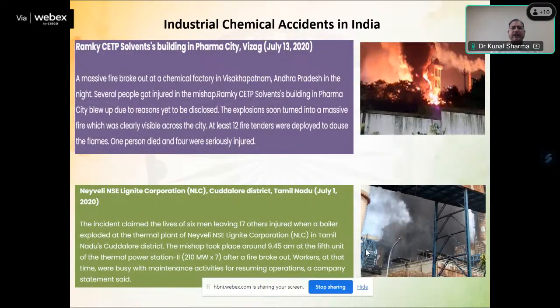So I was here on this slide, industrial chemical accidents in India, where I was talking about Ramky's solvents, Pharmacity, Vizag. Then I was talking about Neyveli NLC Lignite Corporation, where in both the cases, if human error was not present, then we could easily stop this type of incident.